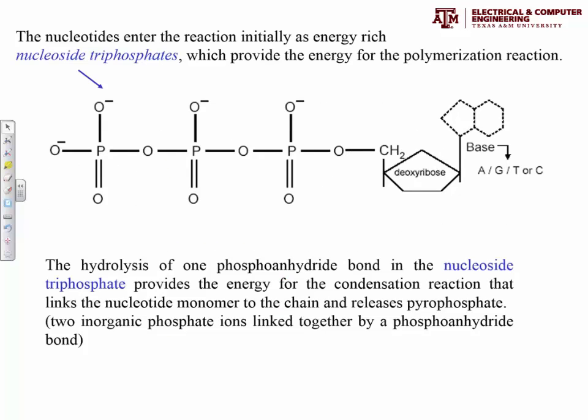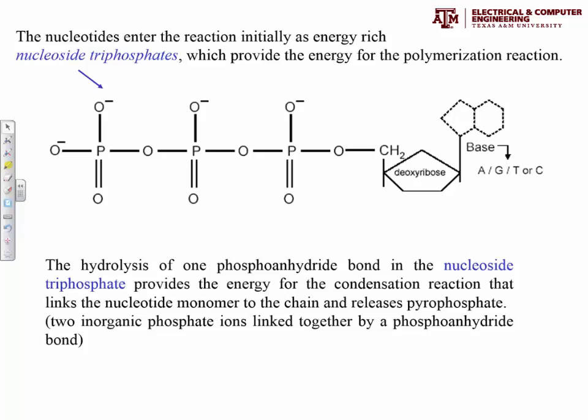Now, we know that DNA synthesis is not an energetically favorable reaction. So you have to drive it in a special way. Otherwise, it's never going to happen because it's an order-generating reaction. So how is that kind of a reaction accomplished? These nucleotides will enter the reaction initially as energy-rich nucleoside triphosphates. So you'll have the DNA base, the 5-carbon sugar, that's deoxyribose, and then 3 phosphates.